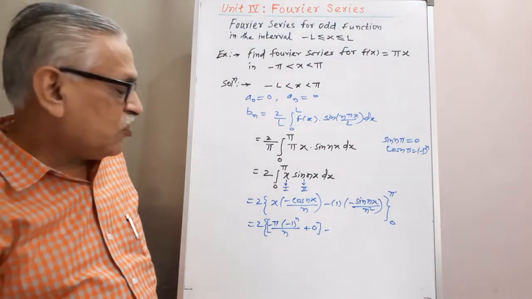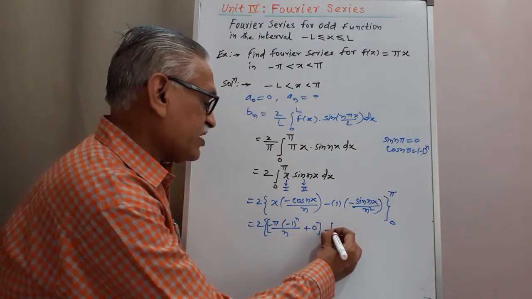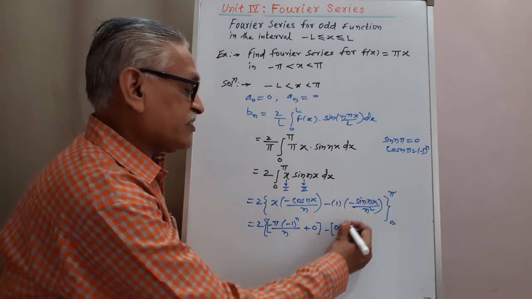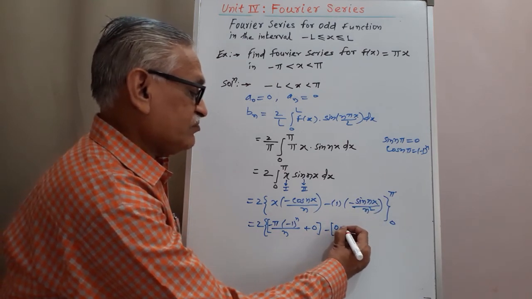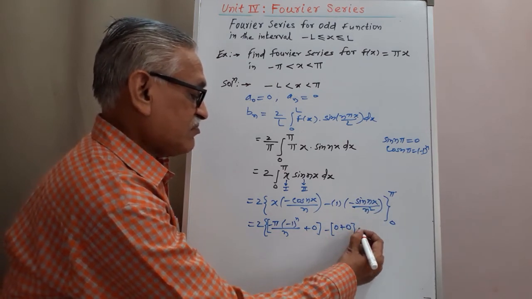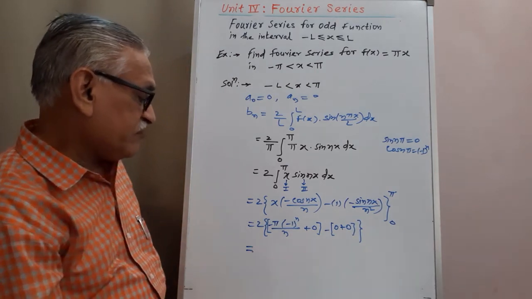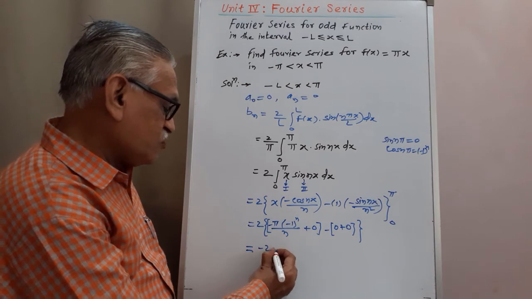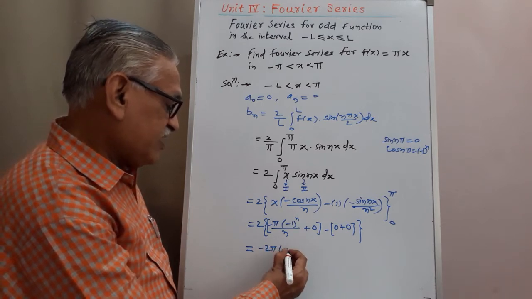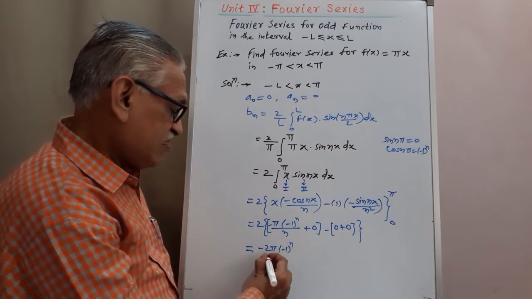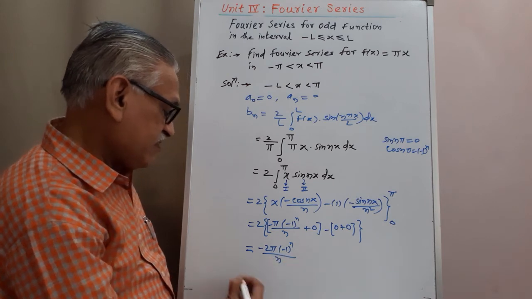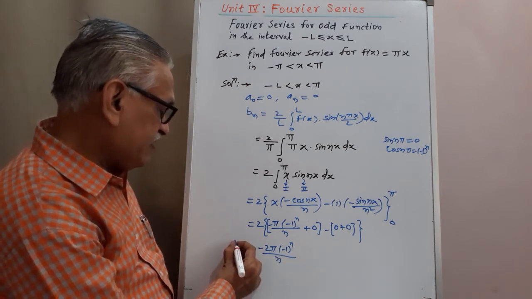Then for the lower limit, when x is 0 that term becomes 0, and sine 0 is also 0. Therefore the value of bn is minus 2 pi times minus 1 raised to n divided by n.